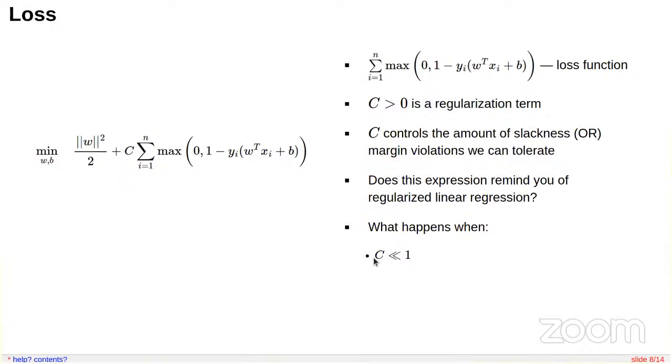Can someone tell me what will happen in these two cases when C is a very small number? What do you think will happen if you minimize this? It becomes like a hard margin problem. Actually, opposite. For large C, you are doing hard. Basically, in a hard case, you do not tolerate any slack.